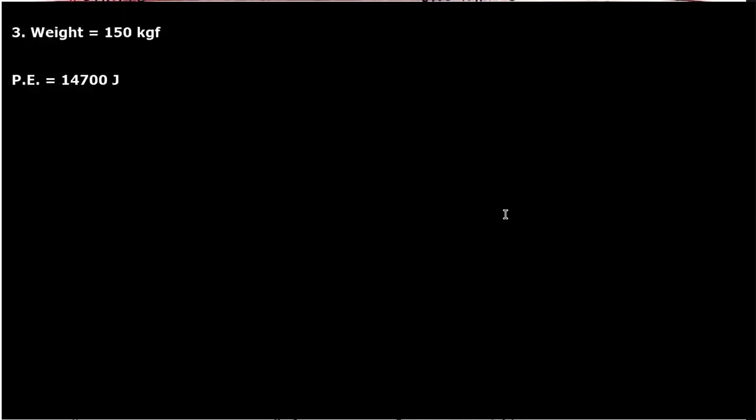It states that a body of weight 150 kilogram force, kgf stands for kilogram force, has gravitational potential energy given to be 14700 joules. Find the height of the box above the ground.